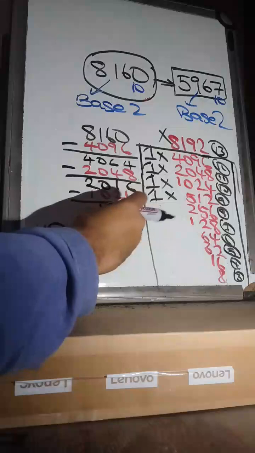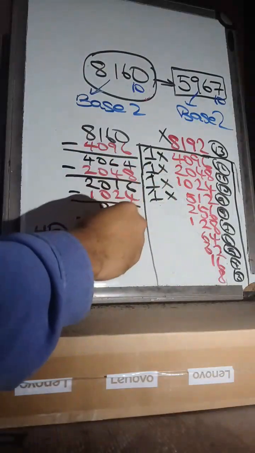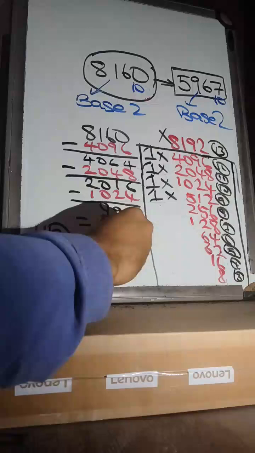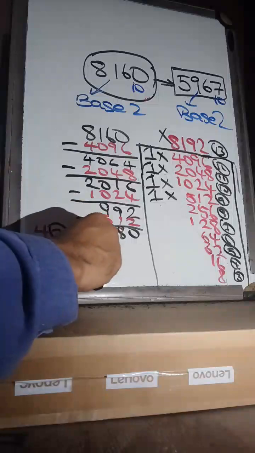So we have 512 from that. This leaves us with 480. Alright? So, one of each of these. Then we have to use 256 anyway.